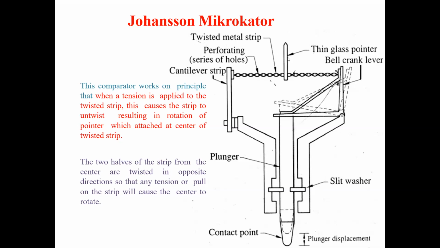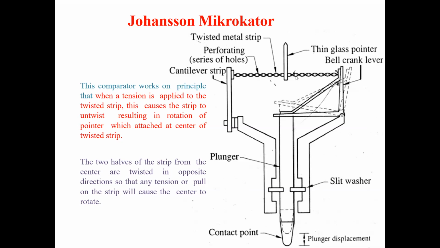Here, one thin, lightweight glass pointer is attached at the middle of this twisted metal strip. The principle is that when the twisted metal strip is subjected to tension or pull, it gets untwisted. It is trying to untwist like that, and in that case it rotates.